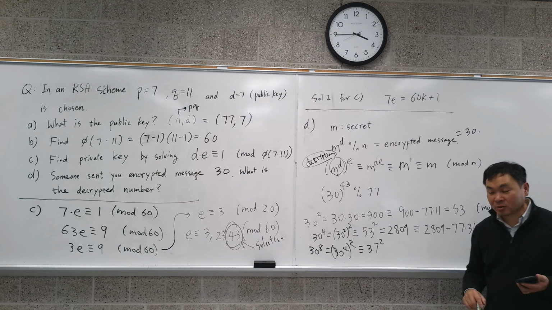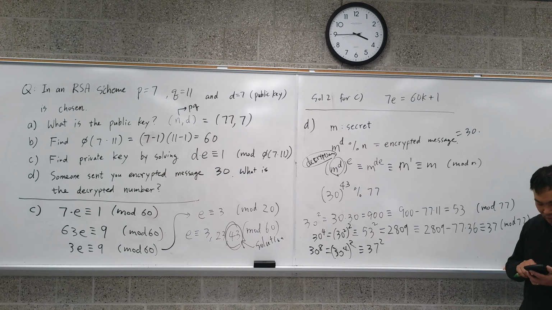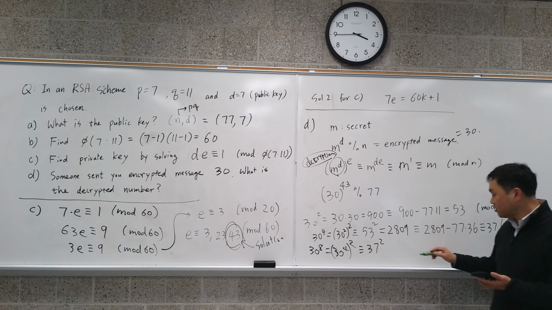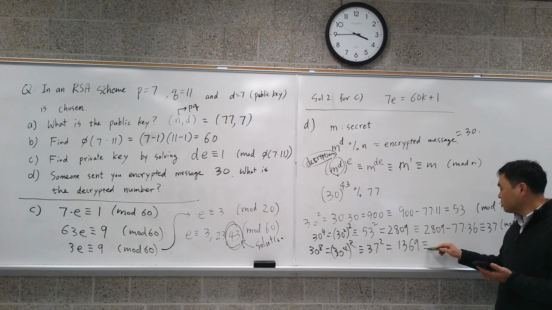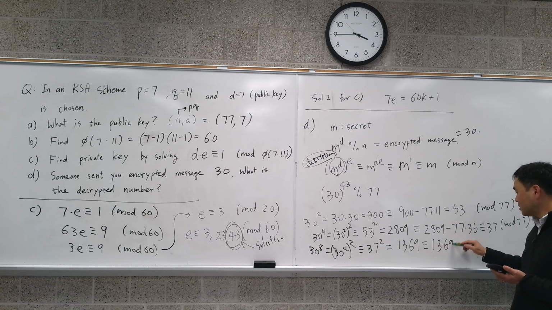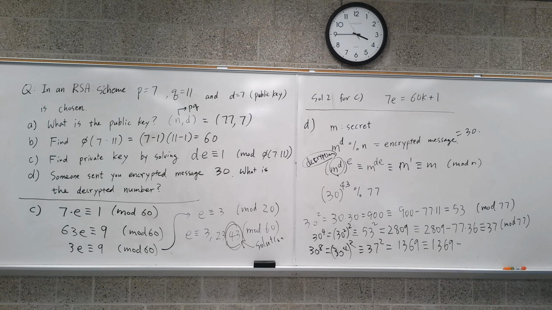So we just have to figure out what that is. 37 times 37 is 1369, which is congruent to 1369 minus, how many times 77? 77 times 17. 1369 minus 77 times 17, that's equal to 60.